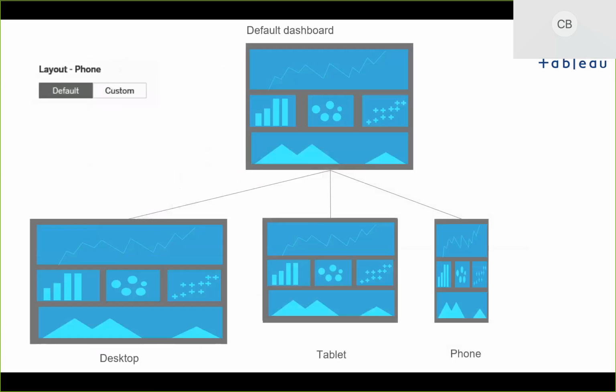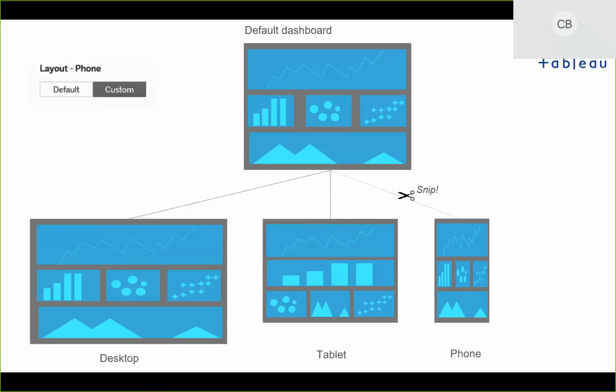What that customization is going to allow you to do is, for lack of a better term, sever the relationship to a certain degree between, in this case, the phone layout and the default dashboard. Now, that relationship still does exist, so at this point it's probably more like an unruly teenager, where the parent still has a role, it still has responsibility, but the phone layout is starting to be a little bit more tailored and independent.